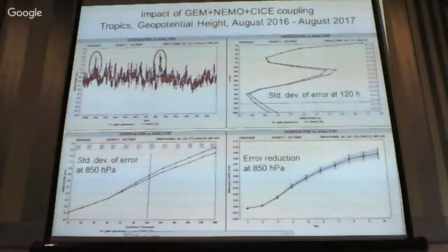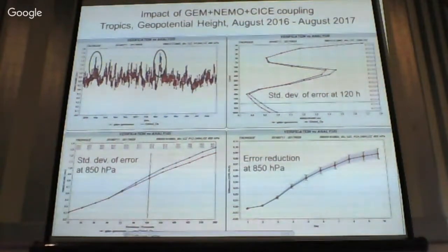This has impacted the scale of the atmospheric forecast quite a bit. Unfortunately, the ocean forecast is not impacted. It's just as good as it was, not better. But if you look in the tropics, the standard deviation of errors, this is at 850 hectopascal, and this is geopotential.